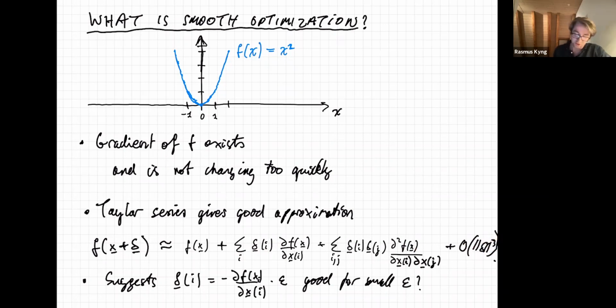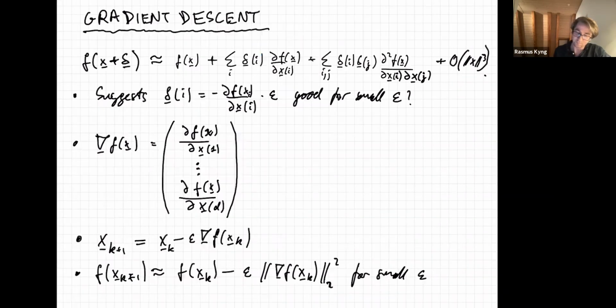And this seems to suggest that if we make a small delta change, then only the first order term should matter. So if we make the change small enough, we can ignore the second order terms. And then that in turn seems to say, okay, so I want to make this change in the function value negative.